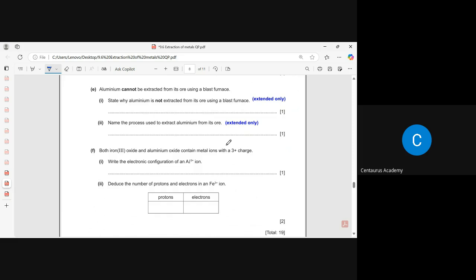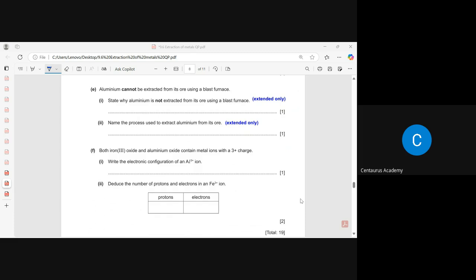Aluminum cannot be extracted from its ore using a blast furnace. State why. More reactive than carbon? Yes, aluminum is more reactive than carbon. Carbon is less reactive than it, so it cannot be reduced. Next, name the process used to extract aluminum from its ore.